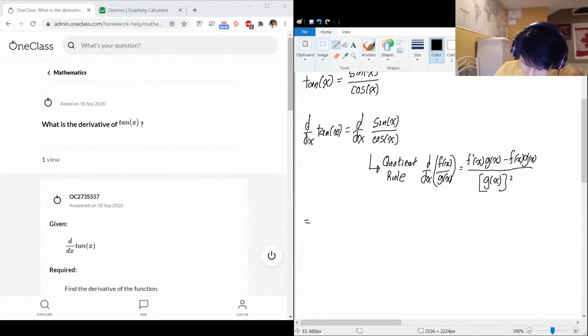So given the quotient rule, let's run our function through this. The derivative of the top, the derivative of sine x, is cos x, multiplied by the natural bottom, so that's also cos x, minus the natural top, so that's sine x, multiplied with the derivative of the bottom, which the derivative of cos x is negative sine x.